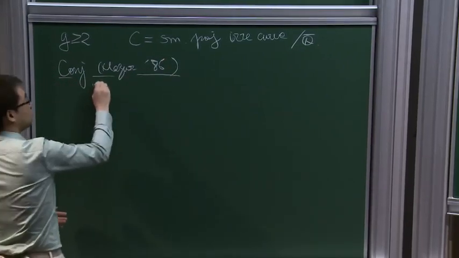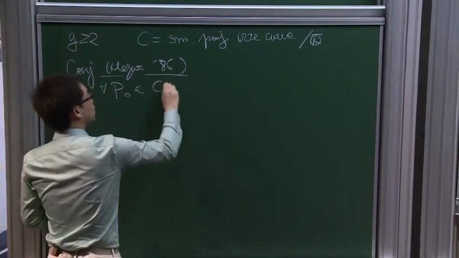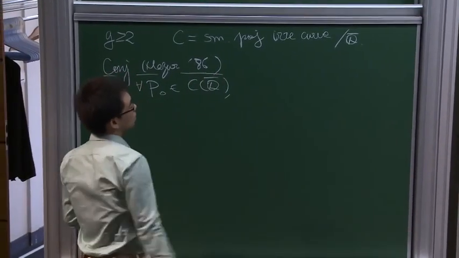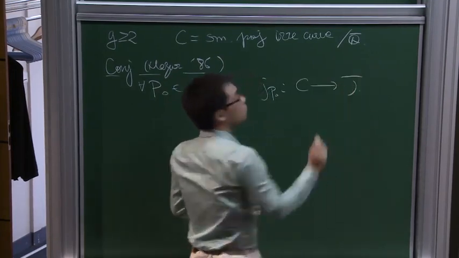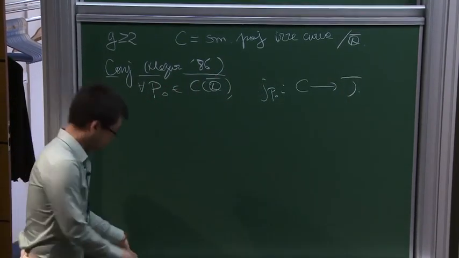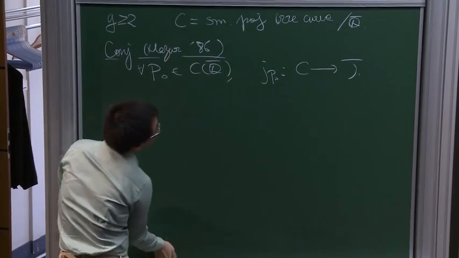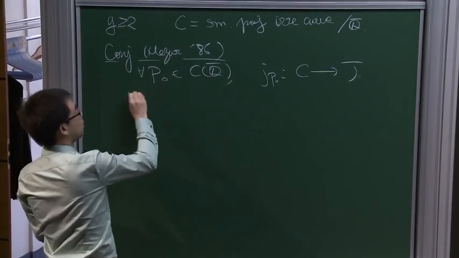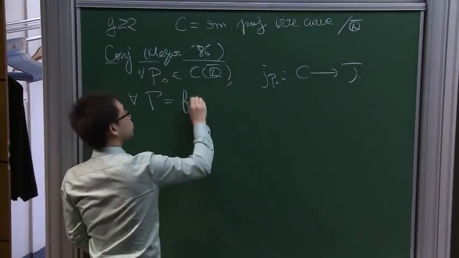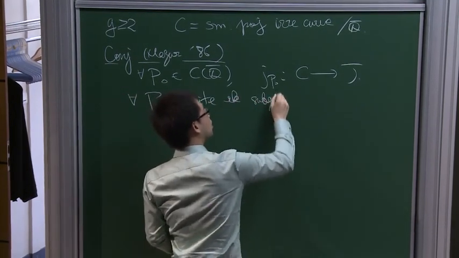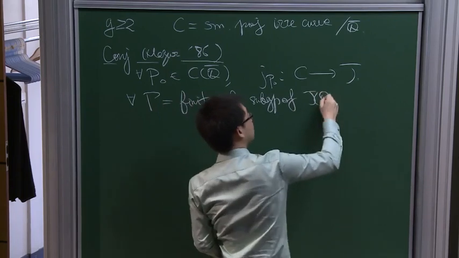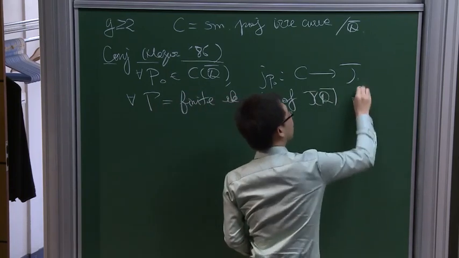Let's take any algebraic point P0 in C, and let's consider the Abel-Jacobi embedding via this point. We take any finite rank subgroup of J(Q bar), say of rank r.